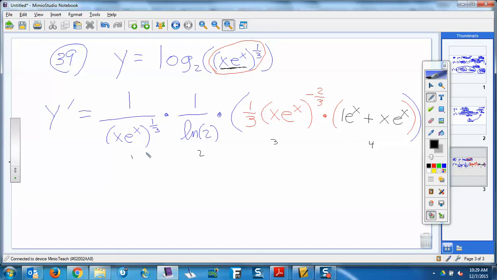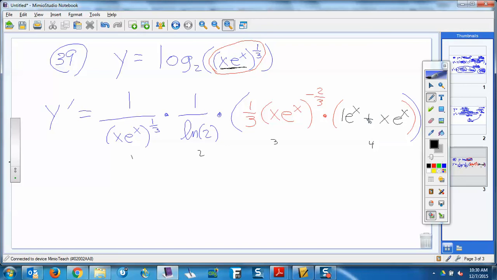But since I have 1, 2, 3, 4 things multiplied, I could take this negative power and just flip it down. What you have to be careful of is when you have something like x plus x to the negative 3, you can't just flip that down because of that plus sign. But if you've got x times x to the negative 3, you can. So you have to be a little bit careful and think about your rules for algebra. So I could flip this to the bottom, the 3 is on the bottom, that's on the bottom, that's on the bottom.